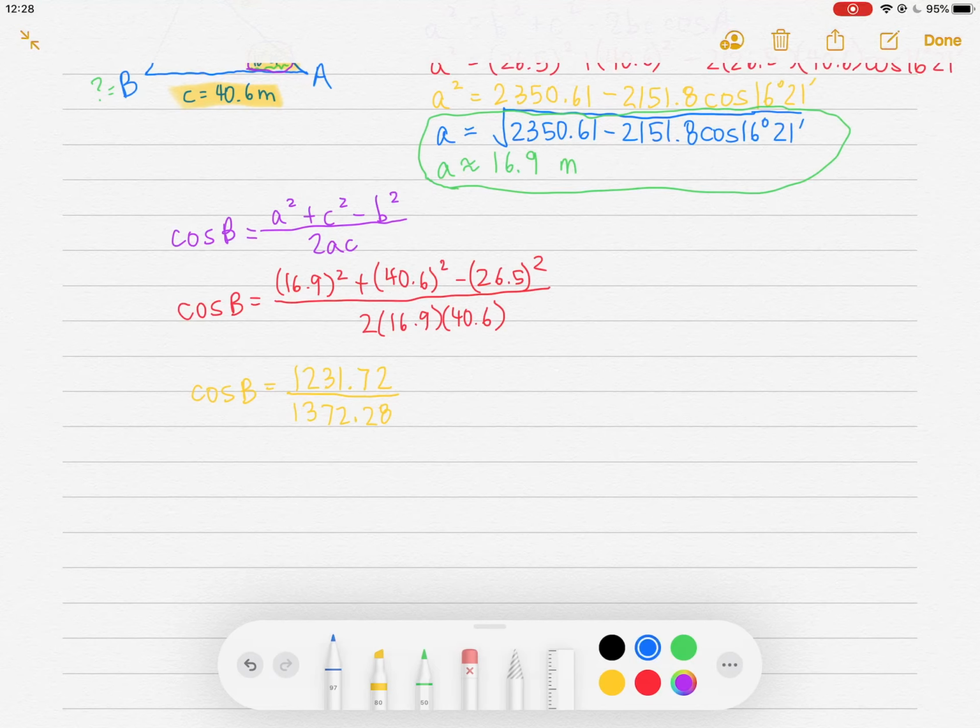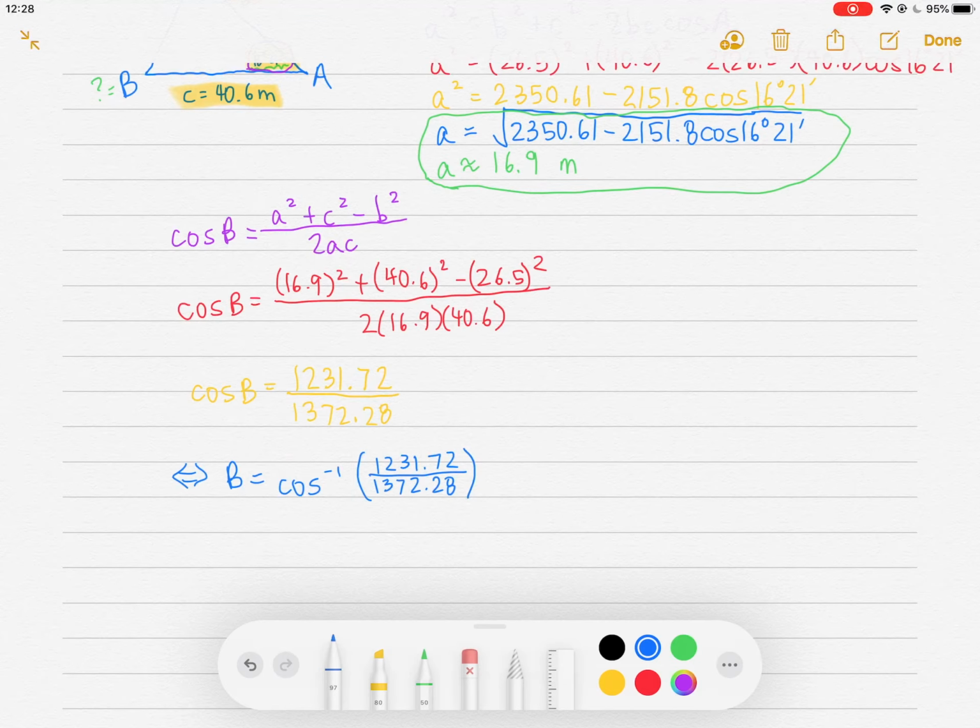And then we know that this is true if and only if our big B is equal to cosine inverse of this guy, 1231.72 divided by 1372.28. And then we put that whole thing in our calculator.